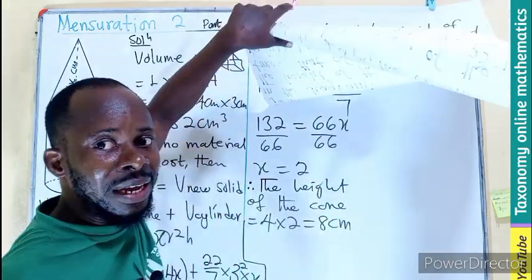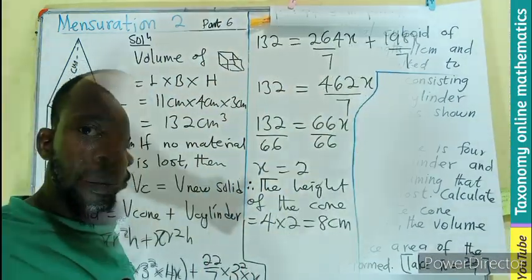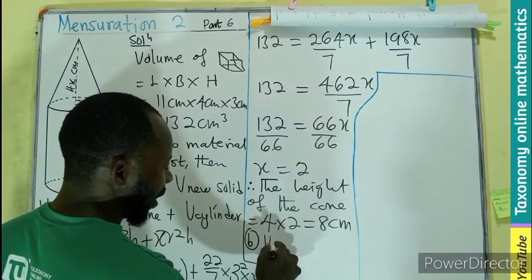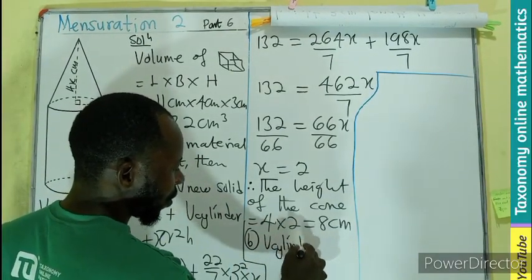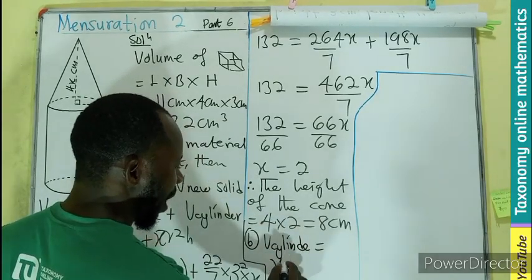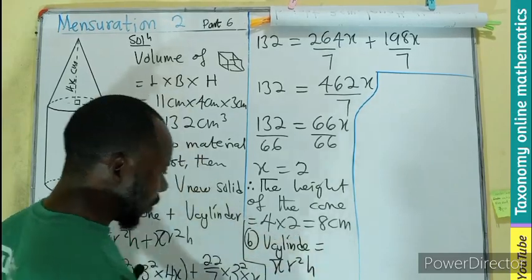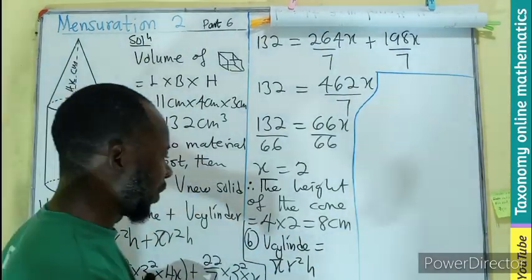So we are picking that and doing our substitution. So the number 2, which is the volume of the cylinder, we know it is pi r squared h. So we are only going to do our substitution.